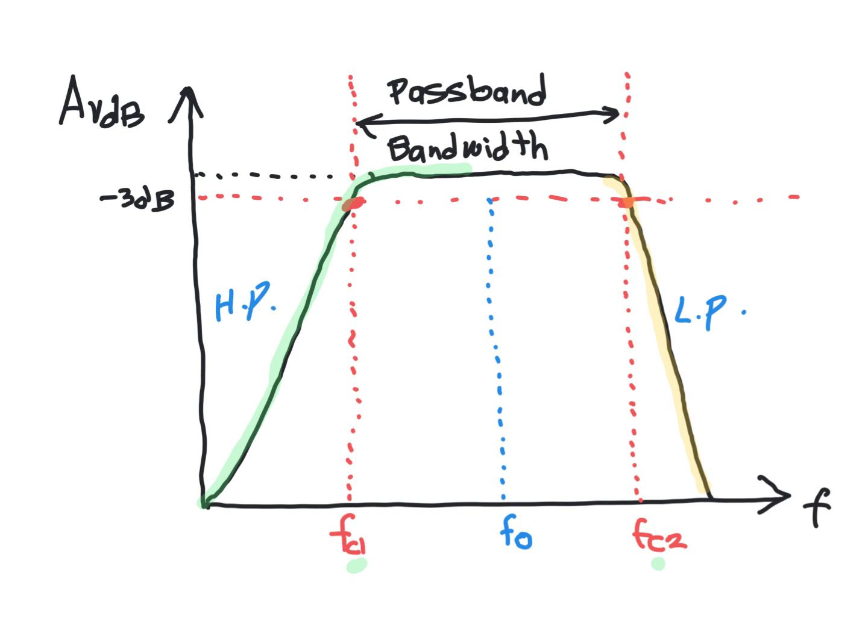At FC1, the gain is down 3 dB from the passband gain, and at FC2, it's down 3 dB from the passband gain. When you do this in the lab, the instructions will start you off somewhere in the middle here, and as you increase the frequency, the voltage is going to be constant, right? When it starts to drop off and reaches your 70% point, you know you're at FC2.